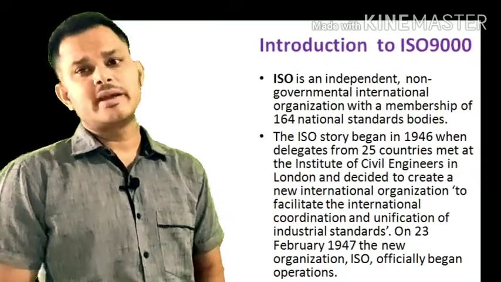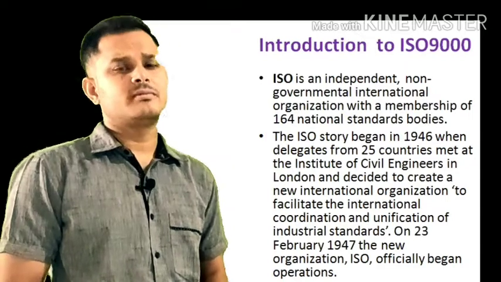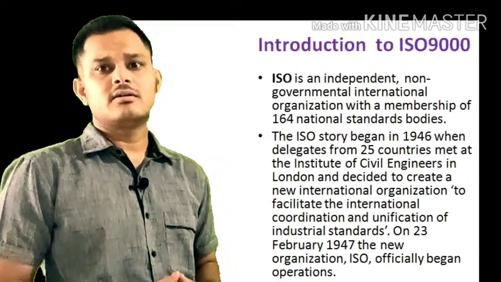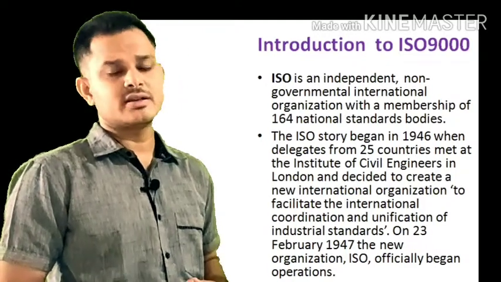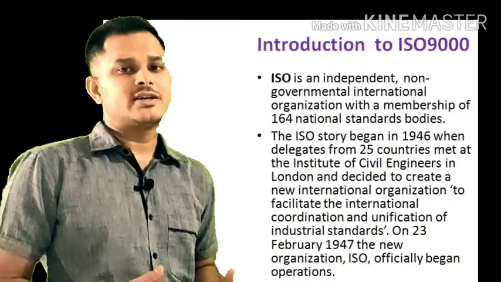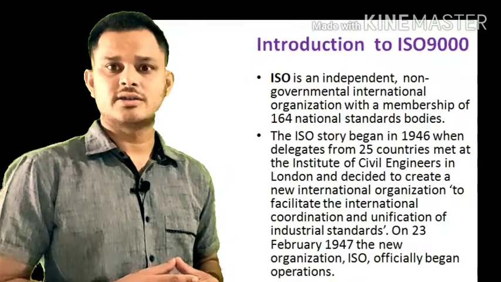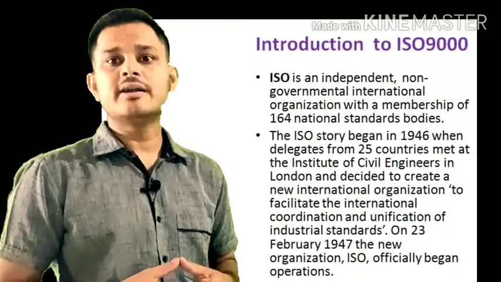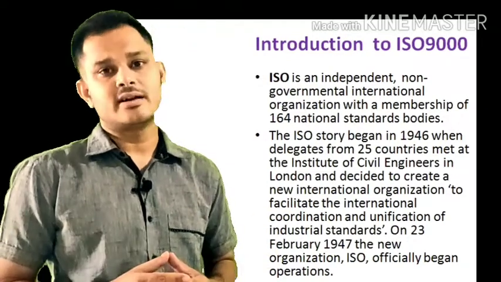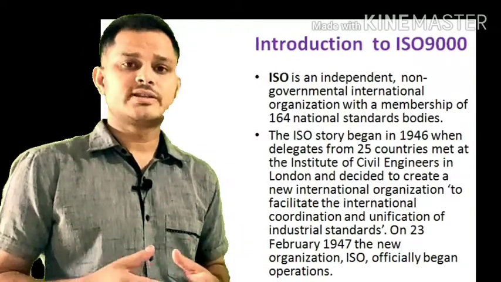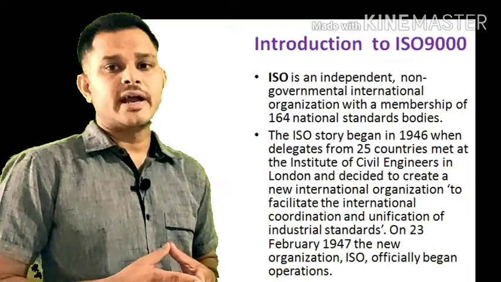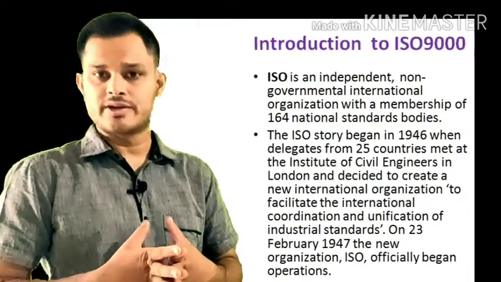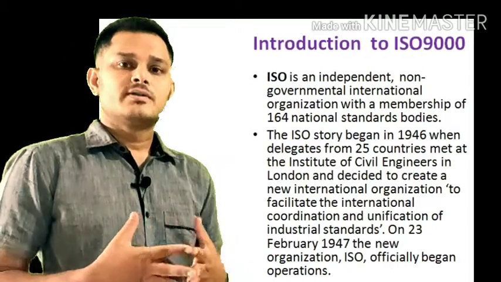The ISO story began in 1946 when delegates from 25 countries met at the Institute of Civil Engineers in London and decided to create a new international organization to facilitate the international coordination and unification of industrial standards. On 23rd February 1947, the new organization ISO officially began its operation.